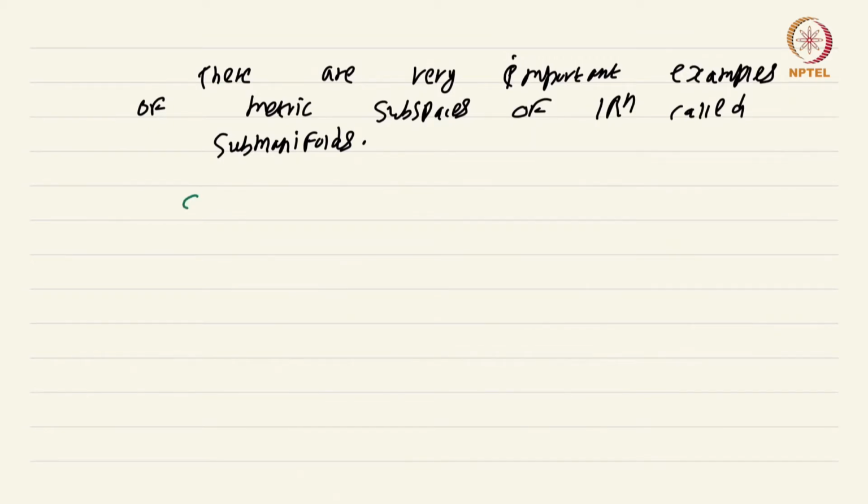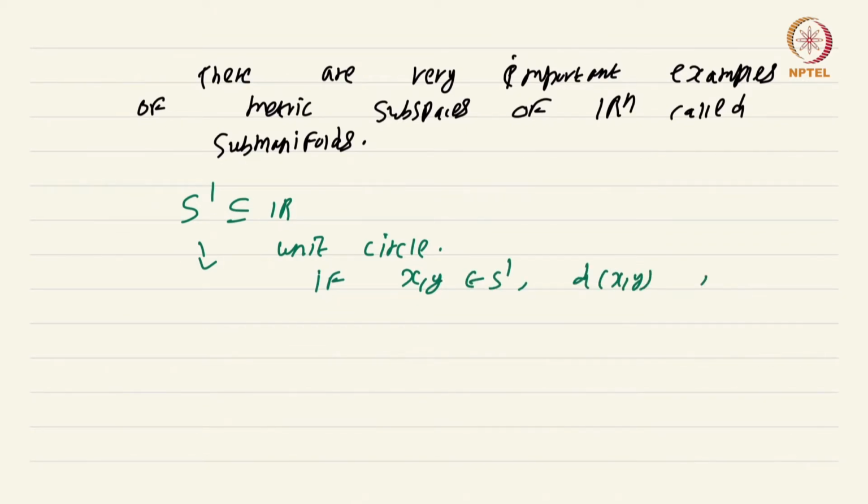Look at S1 subset of R2. S1 is nothing but the unit circle. Now we can define another metric on S1 as follows: if x, y are elements of S1, then d(x,y) is the length of the shortest arc between x and y.